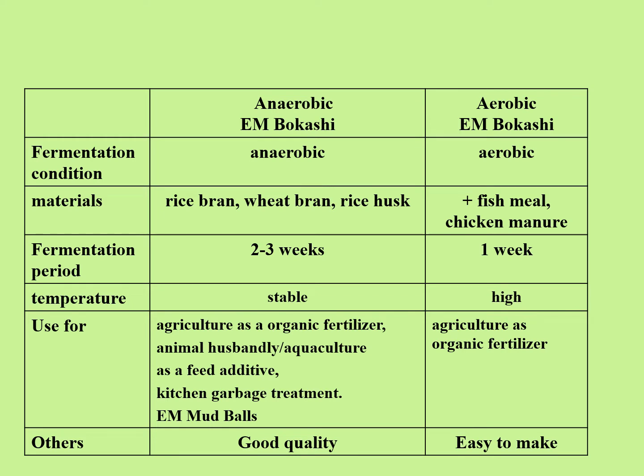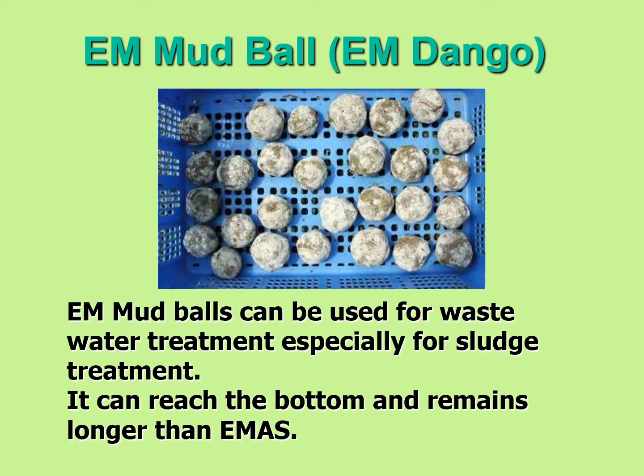Good quality. Aerobic EM Bokashi fermentation conditions: aerobic materials, rice bran, wheat bran, rice husk plus fish meal, chicken manure. Fermentation period 1 week, temperature high, used for agriculture as organic fertilizer, others easy to make.